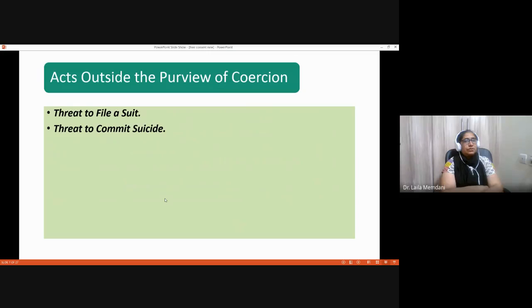So this is also coercion. Now, coming to a threat to commit suicide. A threat to commit suicide is also not a coercion, but when it is done to make the other party enter into a contract, then it becomes coercion.